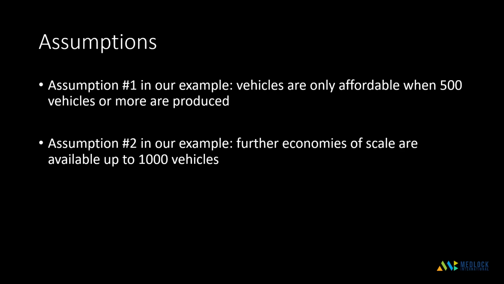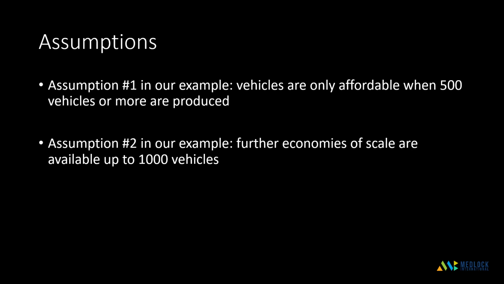Let's get started. We're going to make two assumptions here, and these are about economies of scale. Our first assumption is that in any market, a producer would have to produce 500 vehicles or more in order to get economies of scale that allow them to produce a vehicle that's cheap enough for people to buy.